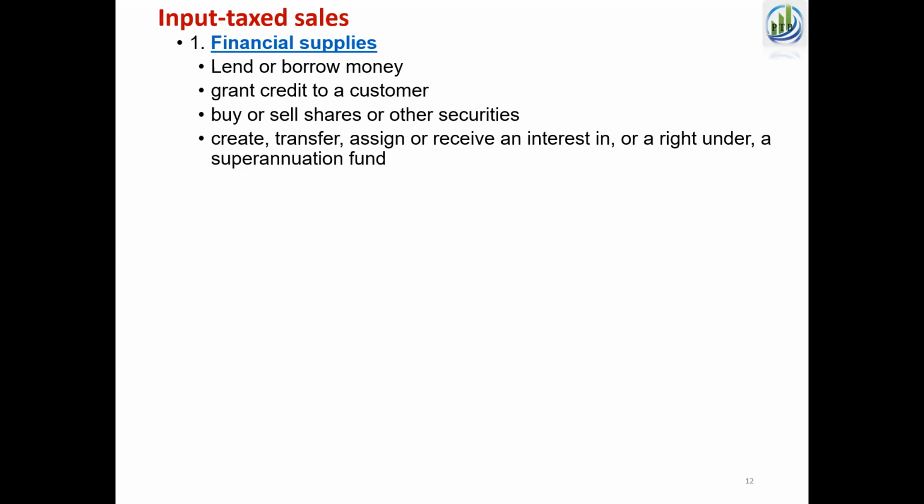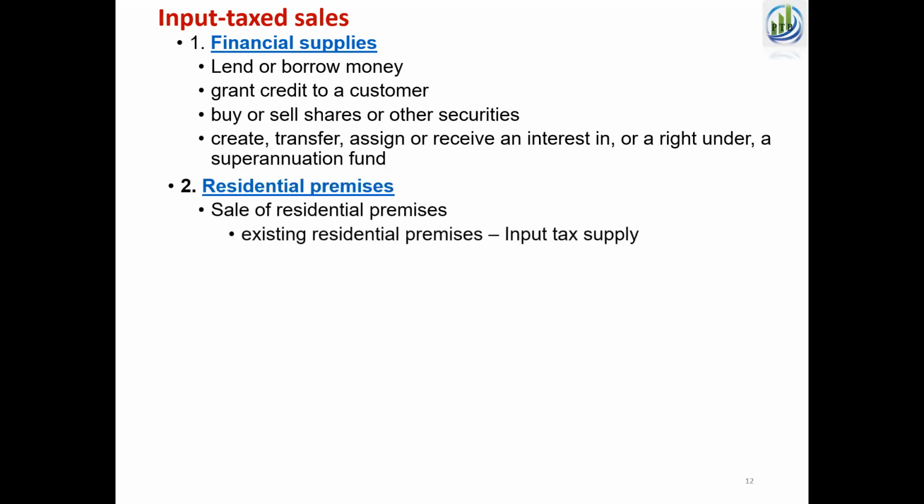When you get insurance from the Commonwealth Bank, even though the bank is an input tax supplier, the insurance product does not come under any of these financial supply categories. Therefore, GST is applicable for insurance because it's not involved with lending or borrowing or credit or shares.